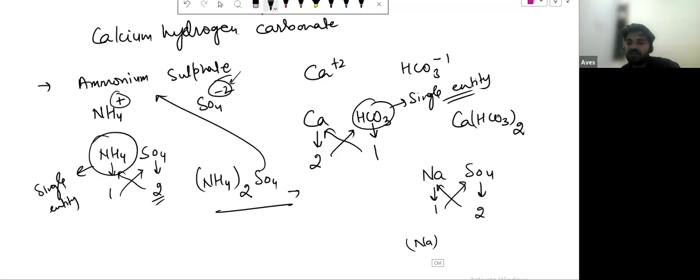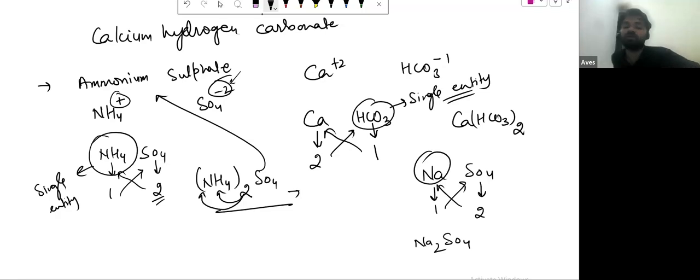We just write Na2SO4. But here NH4, with nitrogen and hydrogen, is acting as a single entity, so we need the bracket because this 2 is multiplied with both the hydrogen and the nitrogen. Got it? You need to learn this for balancing chemical equations. So this is how we write the formula of a compound. We'll discuss other topics in the next class.